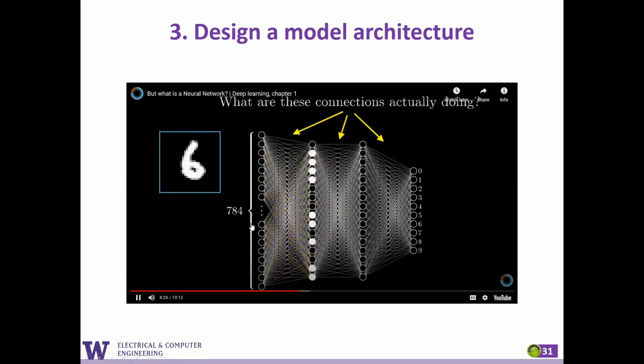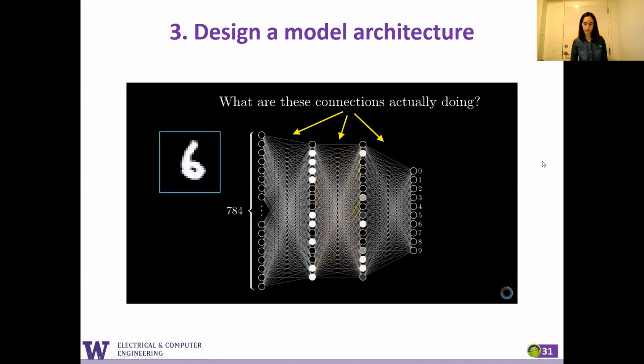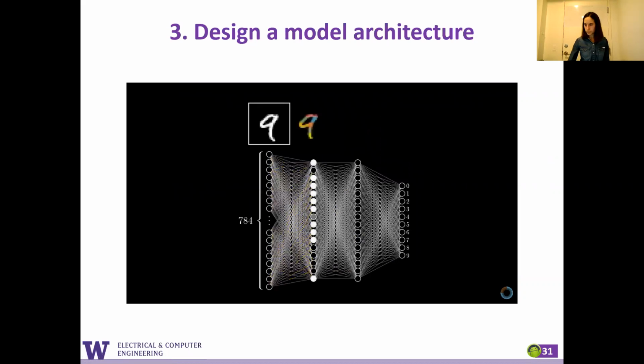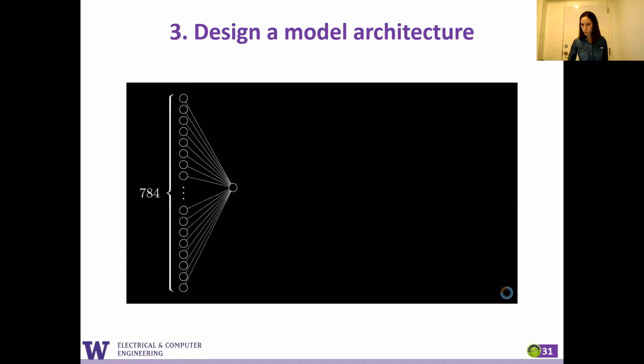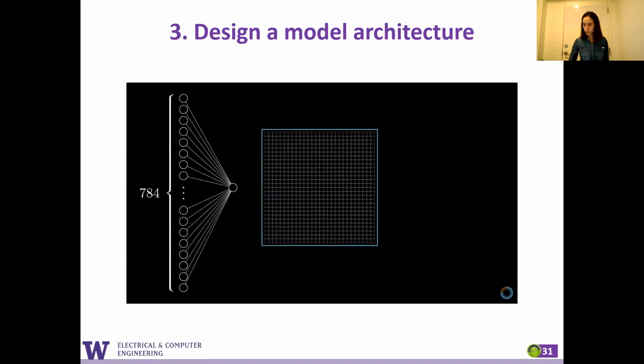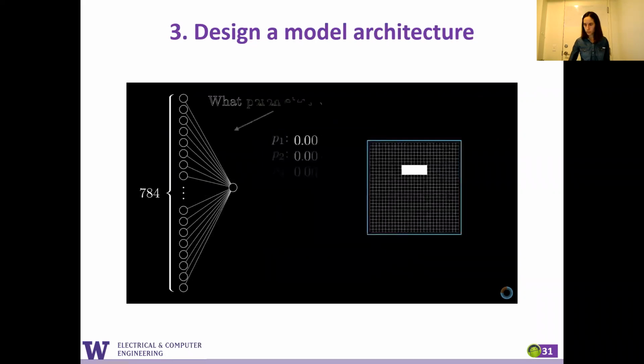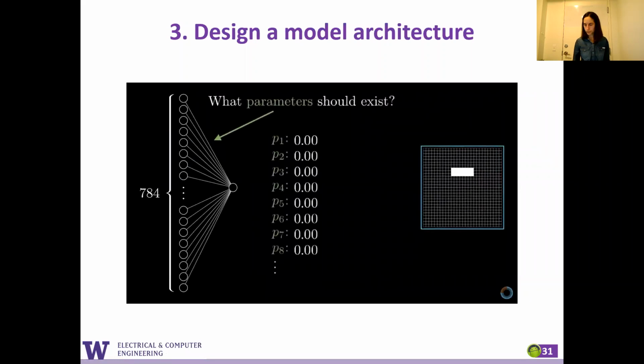Picture yourself right now designing how exactly the activations in one layer might determine the activations in the next. The goal is to have some mechanism that could conceivably combine pixels into edges, or edges into patterns, or patterns into digits. And to zoom in on one very specific example, let's say the hope is for one particular neuron in the second layer to pick up on whether or not the image has an edge in this region here. The question at hand is, what parameters should the network have?